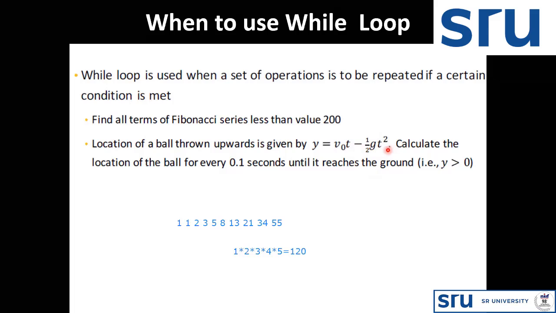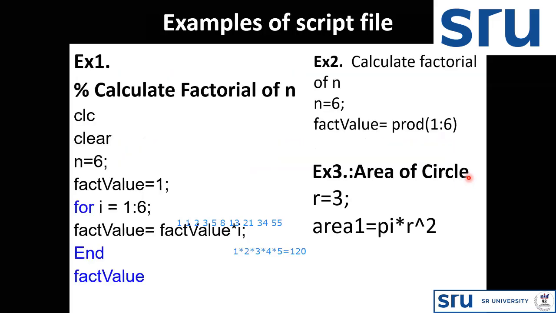And g is the acceleration due to gravity. So this equation becomes ut minus half gt squared. Now you have to calculate the location of the ball for each 0.1 second until this condition is satisfied. Using programs we will see this in MATLAB.